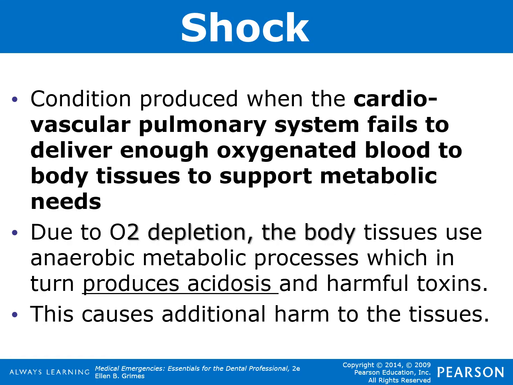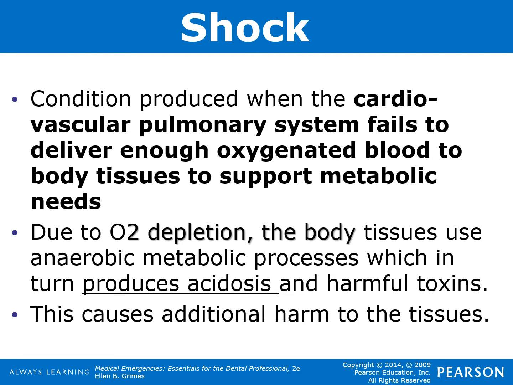So it's a condition produced when the cardiovascular pulmonary system fails to deliver enough oxygenated blood to the body tissues to support all of its metabolic needs. And the cardiovascular is heart and blood vessels, and pulmonary is our lungs.